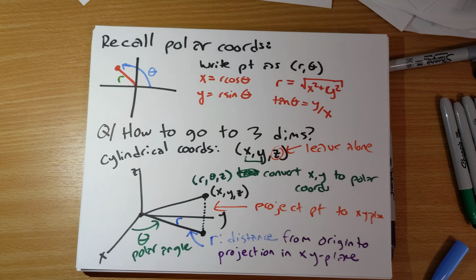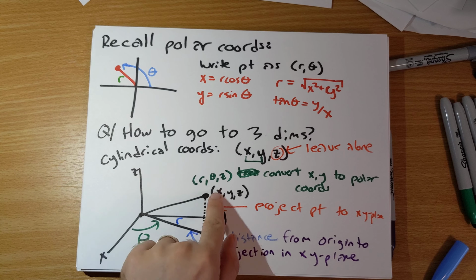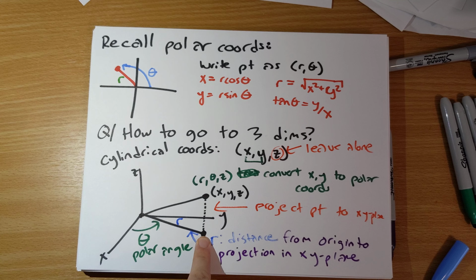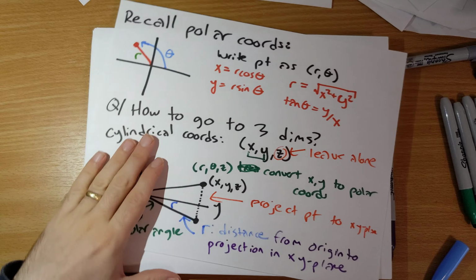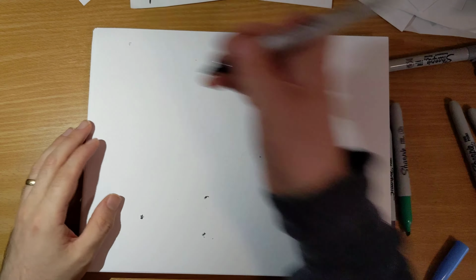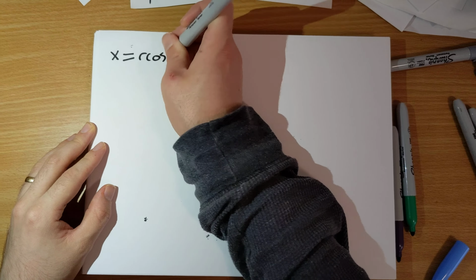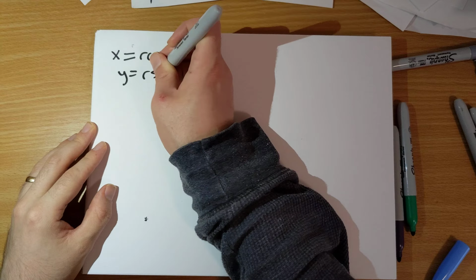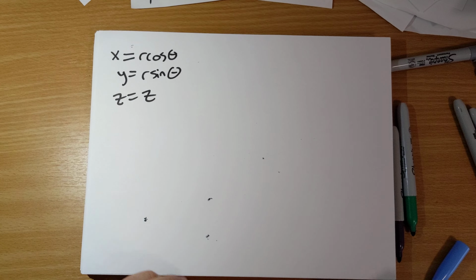So cylindrical coordinates: leave z alone, take x and y, project this down to the xy plane, and convert x and y to r and theta. So our conversions here are just going to be x is equal to r cosine theta, y is equal to r sine theta, z just stays put at z.